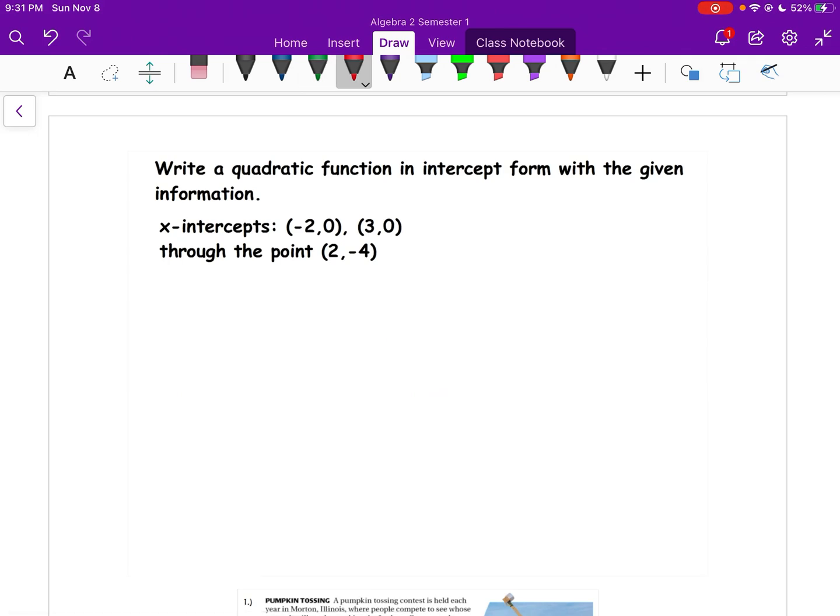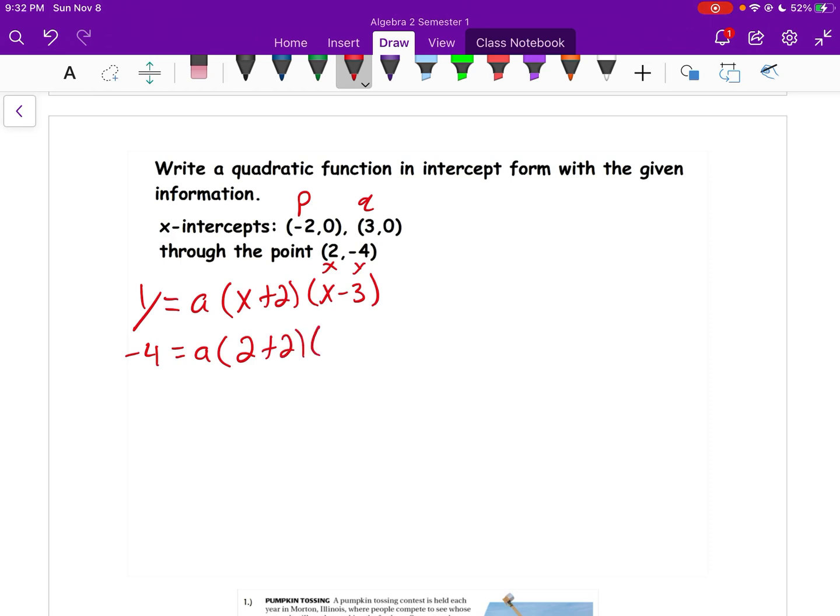All right, one more, and then we'll actually do a quadratic regression problem. So taking that value, y is equal to a times x minus p. So x minus negative 2, so plus 2, then x minus 3. Plugging in our x y value, negative 4 is equal to a times 2 plus 2, then 2 minus 3.